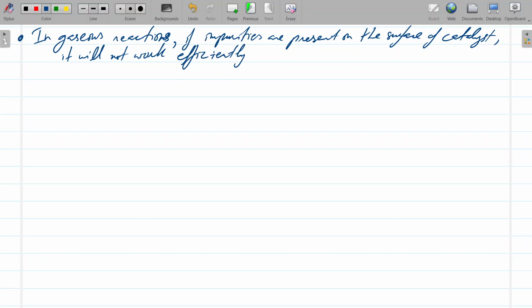And in this case, the catalyst is said to be poisoned. So that's the term they use for it. So obviously, even for the catalyst, what you want is a pure substance.